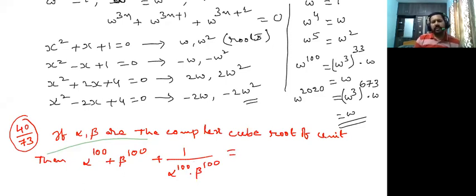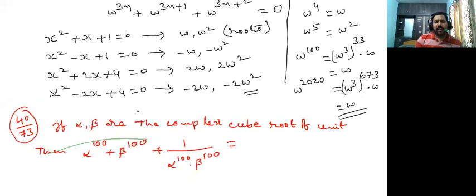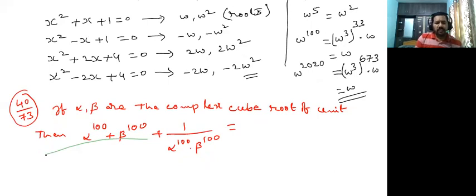Cube root of unity means there are 3 roots. One is a real root, the remaining 2 roots are complex. Here it is asking alpha, beta are the complex cube roots of unity. So we can take alpha value as omega, beta value as omega square.